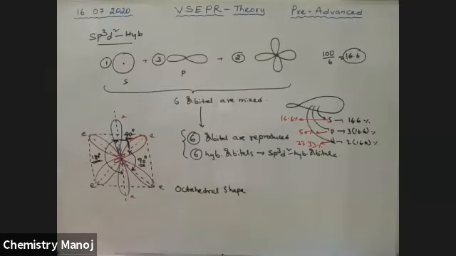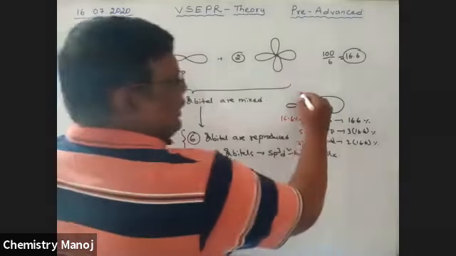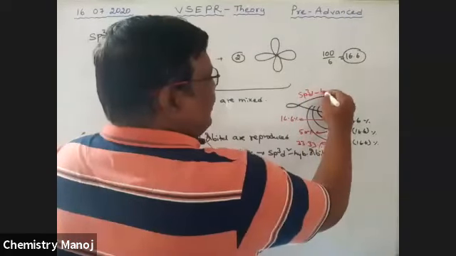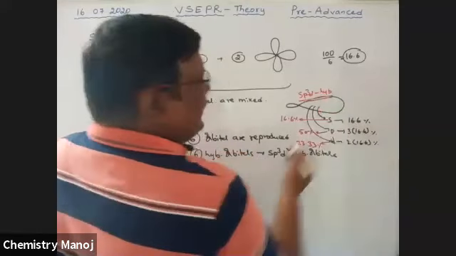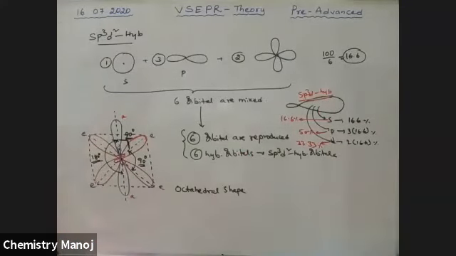So these are the percentages in the sp3d2 hybrid orbital. In this hybrid orbital, the S percentage, P percentage, and D percentage are like that.